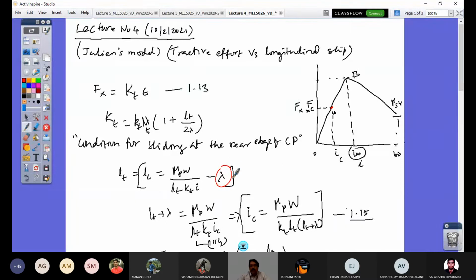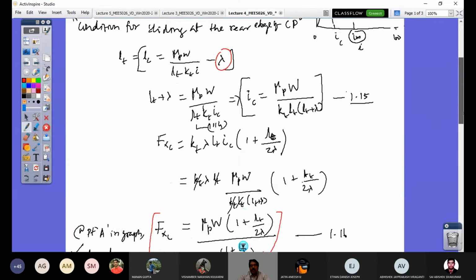Also, this lambda is quite cumbersome to find out; it involves a tedious experiment. So the same Julien's model we have modified and called a simplified model. That's what we were looking at in the last period.